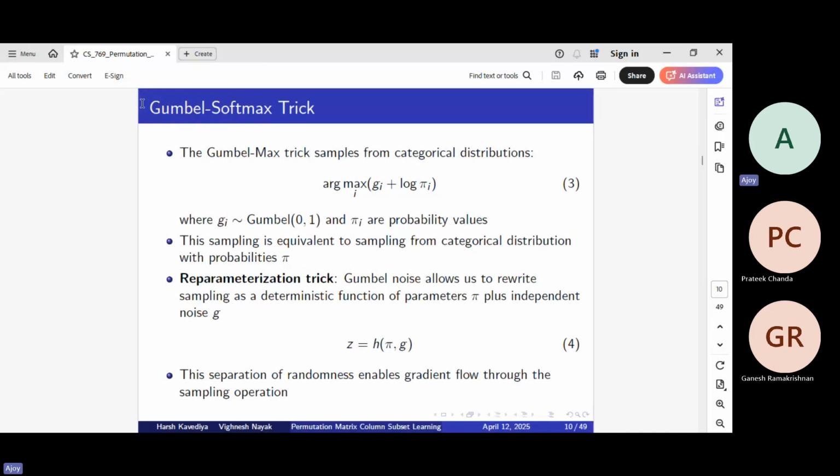This also acts as a reparameterization trick. The randomness in the sampling operation is separated into G, which is an independent parameter, and the rest of the probabilities, which are all model parameters, are in a separate variable called pi. This allows for gradient flow because we can differentiate with respect to pi and not worry about the randomness in G.